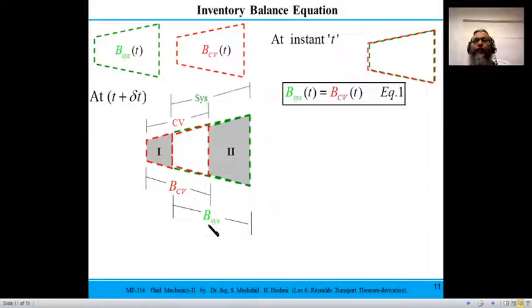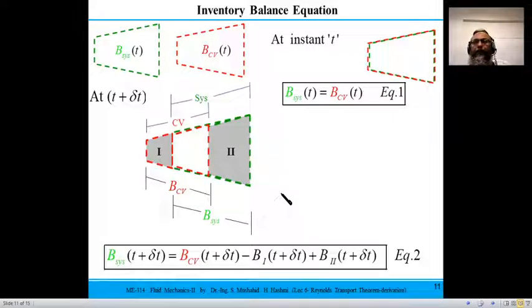So mathematically we can write this equation. What will happen to my system? This is my system. It comprises some part which is in the control volume, that is represented by this extensive property, plus the part 2 that is now present in the system.